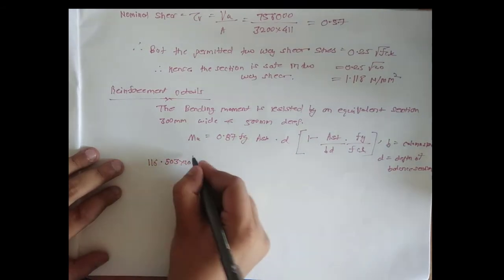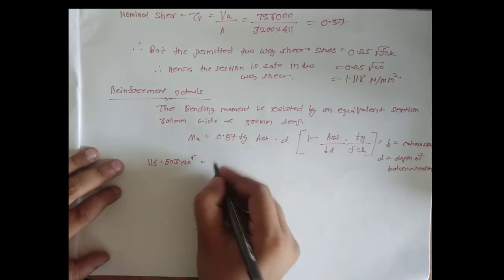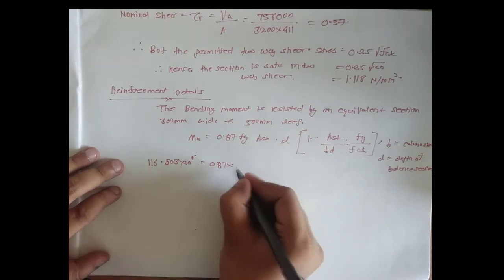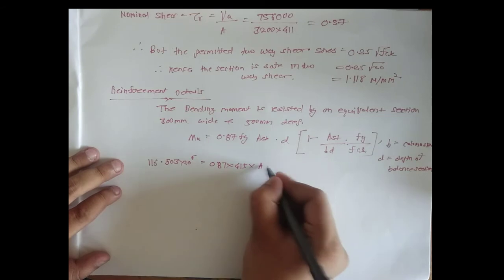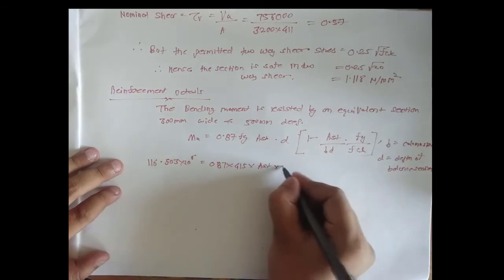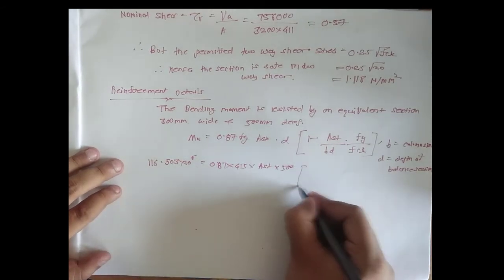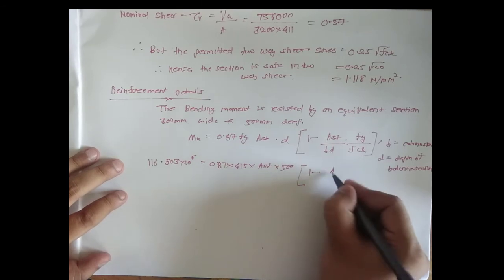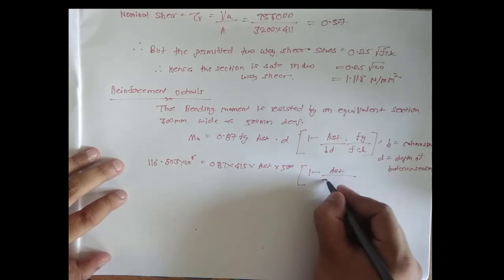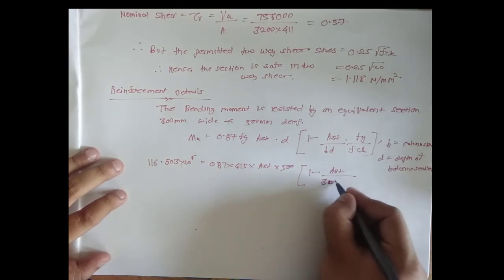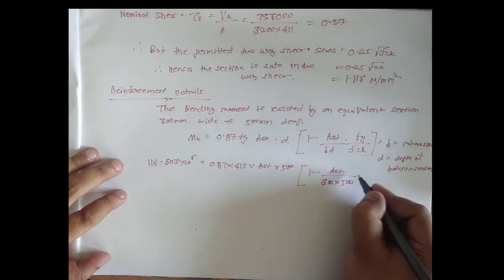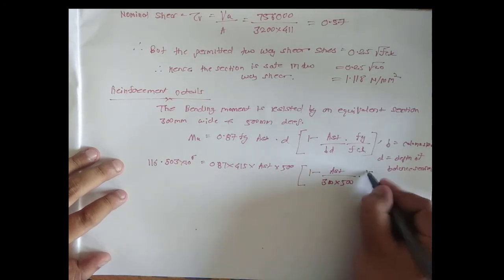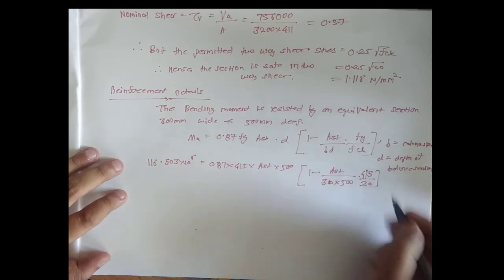116.503 into 10 to the power 6, which is in Newton mm, so 0.87 into 415 Ast, which is to be calculated, into 500, into 1 minus Ast upon 300 into 500 into 415 divided by 20.